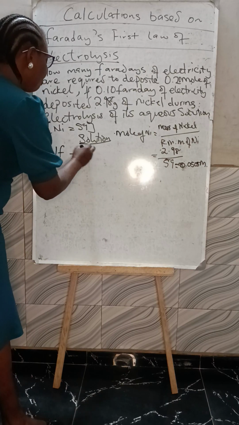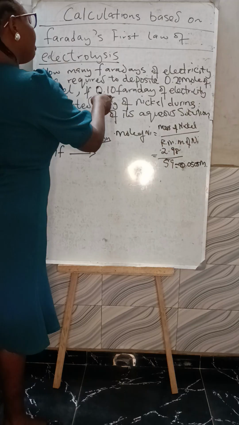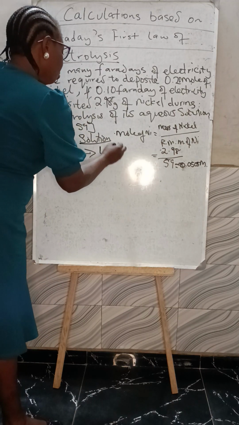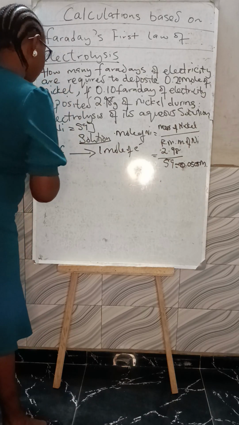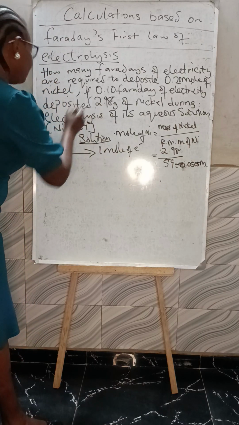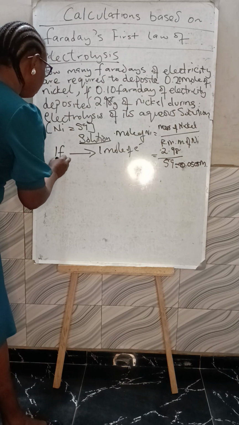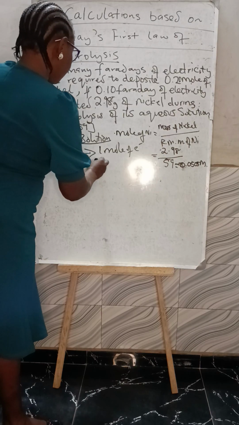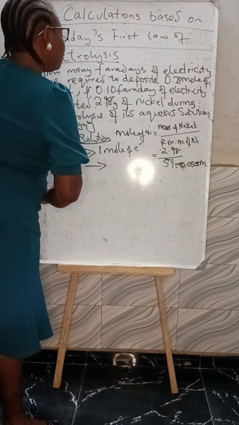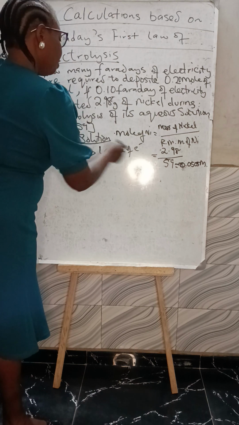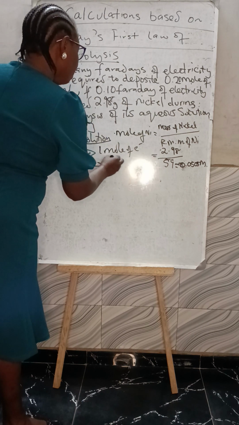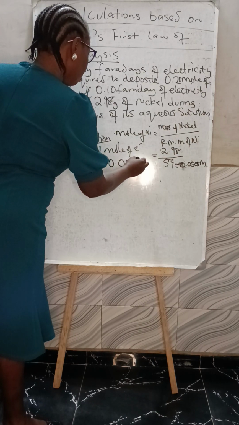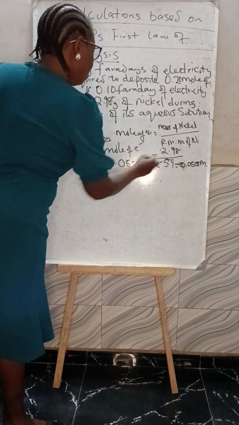If this amount of Faraday liberates this, 1 Faraday will liberate 1 mole of electron. Now we have the given Faraday as 0.10 Faraday. That will give us 0.05 mole of electron.